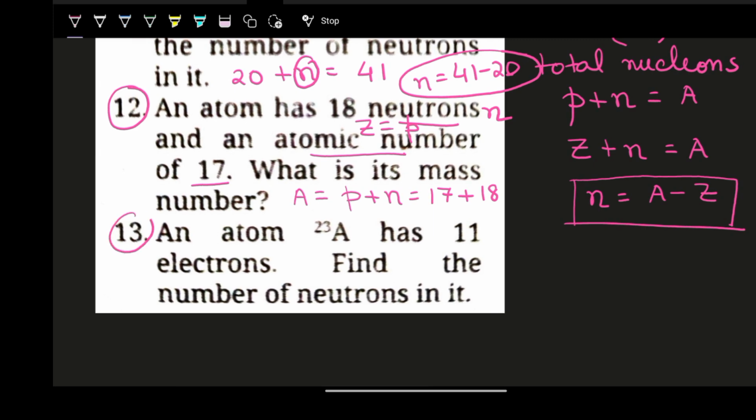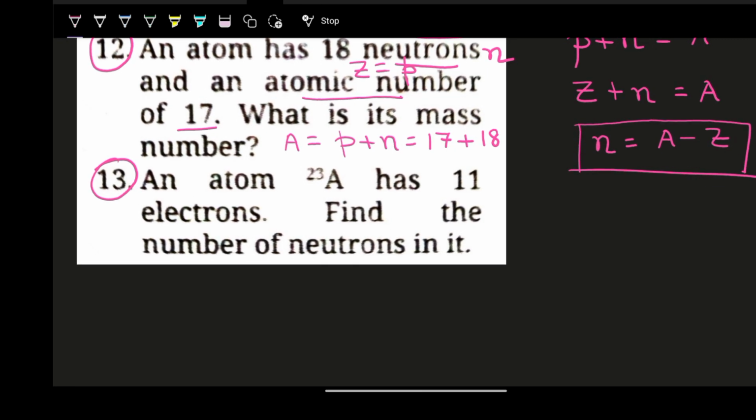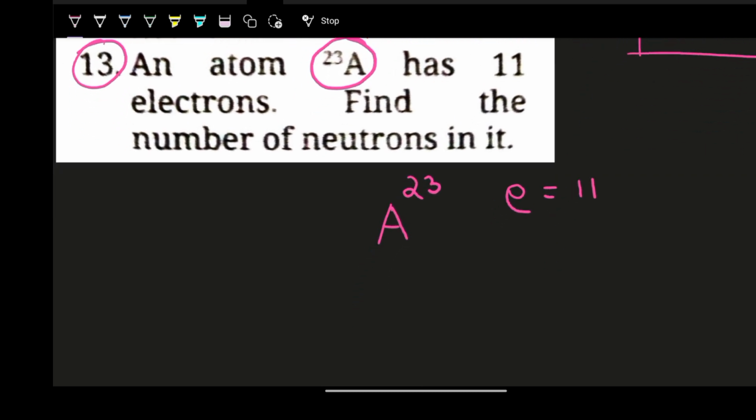Now, next question. An atom which is given this symbol, okay, A to the power 23, ऐसा लिखा है. A to the power 23 has 11 electrons. How many electrons are there? 11. इसके बारे में मुझे ये बताना है कि जब भी कोई सिंबल लिखना होता है, सपोज द सिंबल इज लाइक दिस, x. x is an element.